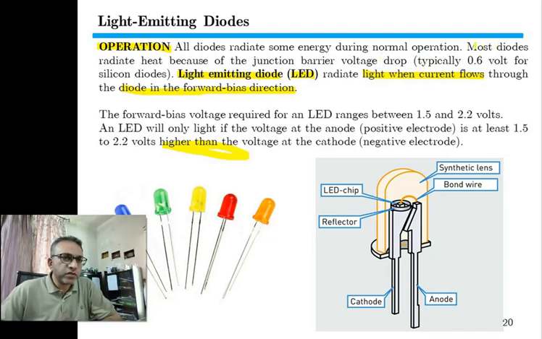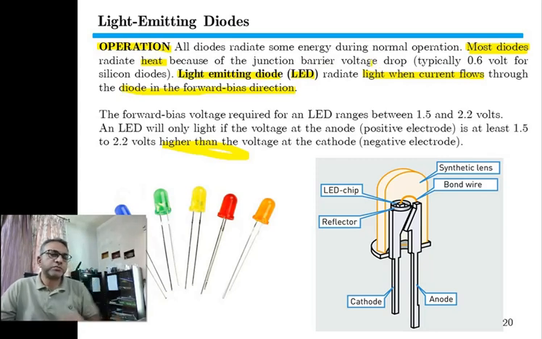Most diodes, that is the normal diodes, those used for rectification, those that do not emit light, those that we use in electronic circuits, radiate heat because of the junction barrier voltage, which is 0.6 volt or 0.7 volt.